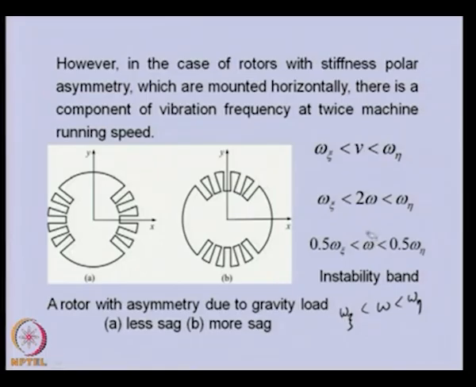And because of that, the whirling frequency itself is twice the speed of the shaft. So basically we are finding that this is one of the bands in which the system will be unstable, and there will be another band in which your system will be unstable, and we may find that these two bands may be independent of each other, or sometimes they may overlap depending upon the values of this omega.